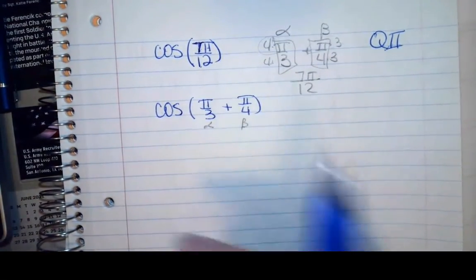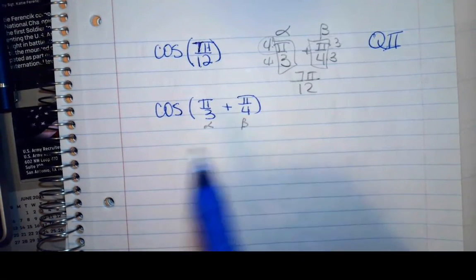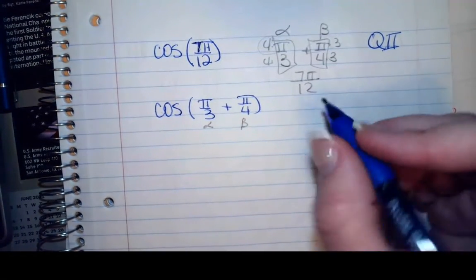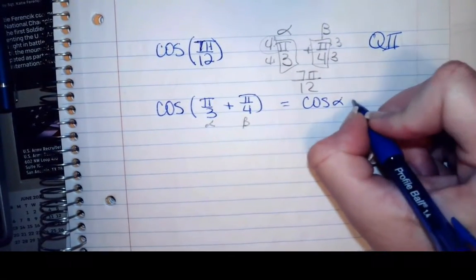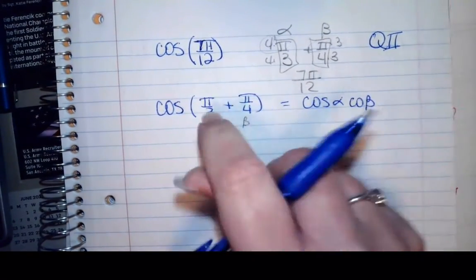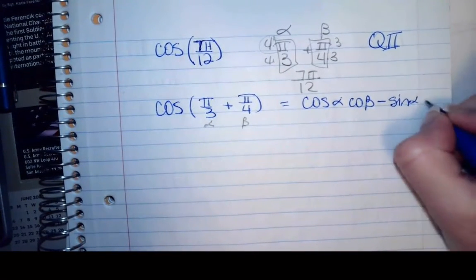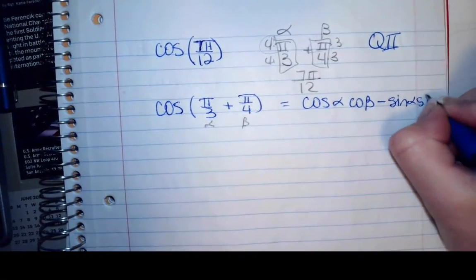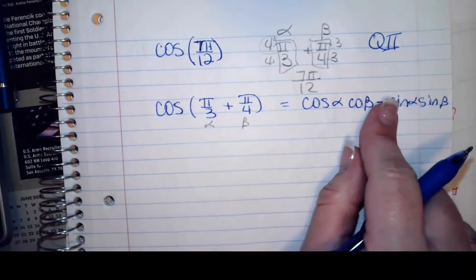And so using our trigonometric identities, which I've conveniently lost, for cosines, this is going to equal cosine alpha, cosine beta, and instead of plus, it's going to be minus sine alpha, sine beta.